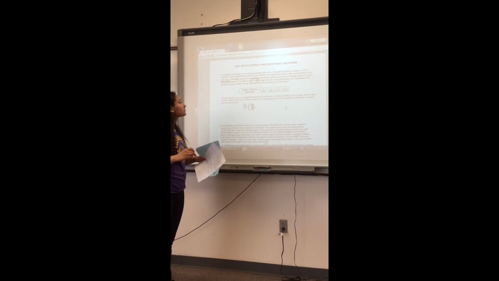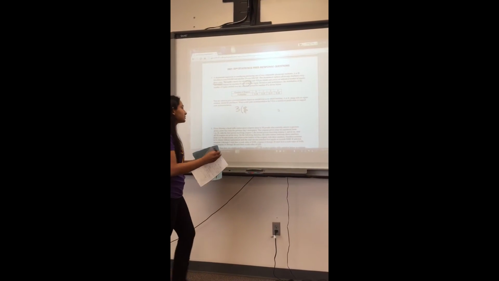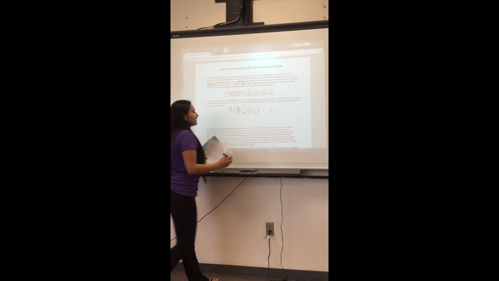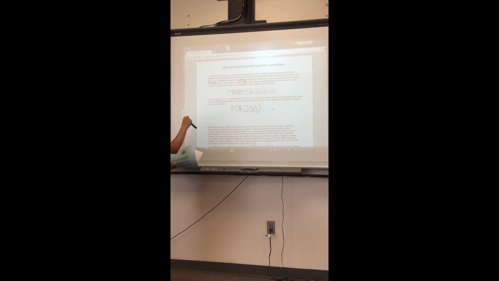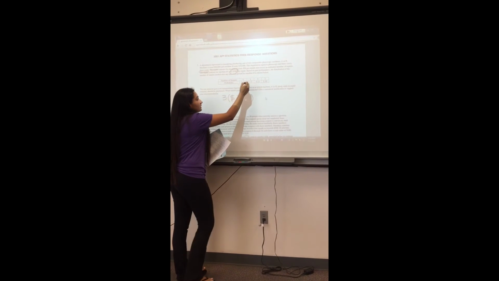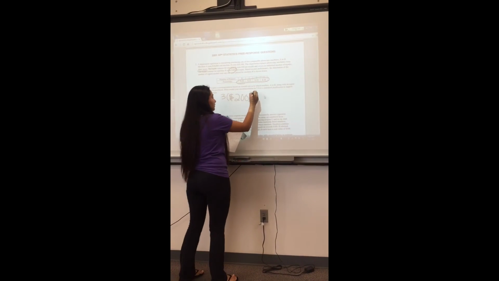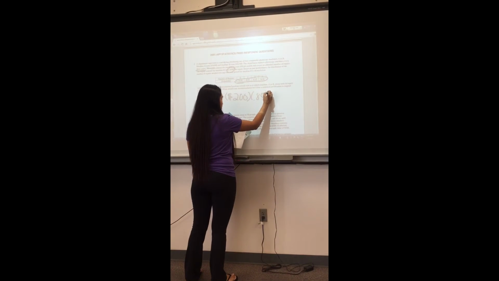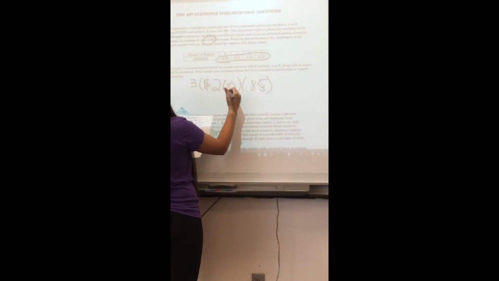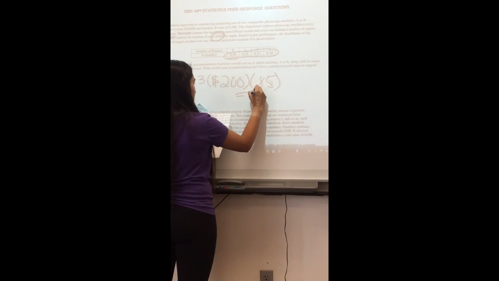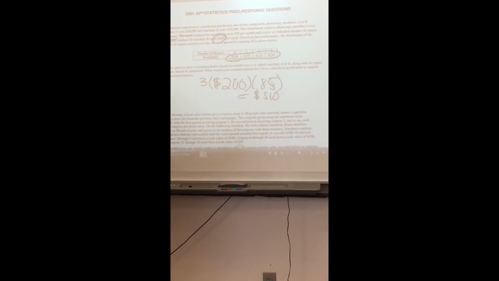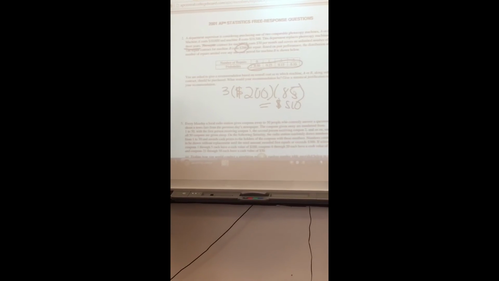Next I have to multiply it by the cost of repairs for machine B, which is 200. And before, we got 0.85 for the expected number, so you multiply 3 times 0.85 times 200, which gives you 510. So that is the expected cost of repairs in 3 years.